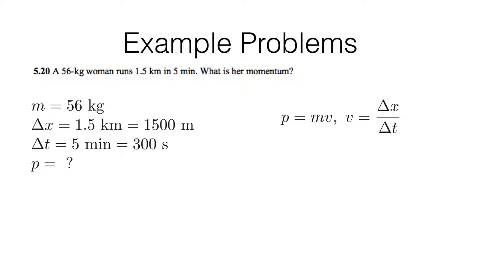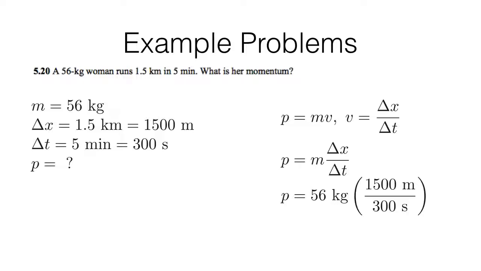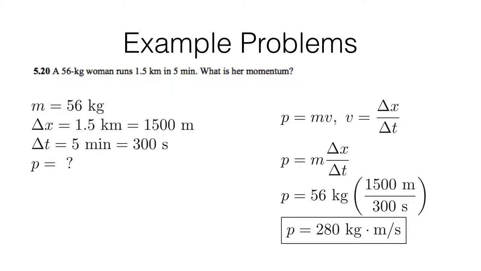And we can make use of the fact that velocity is displacement over time, substitute that in place of the velocity, and the result is this equation. Momentum is mass times displacement over time. Substitute the values and calculate, and this results in a momentum of 280 kilogram meter per second squared.